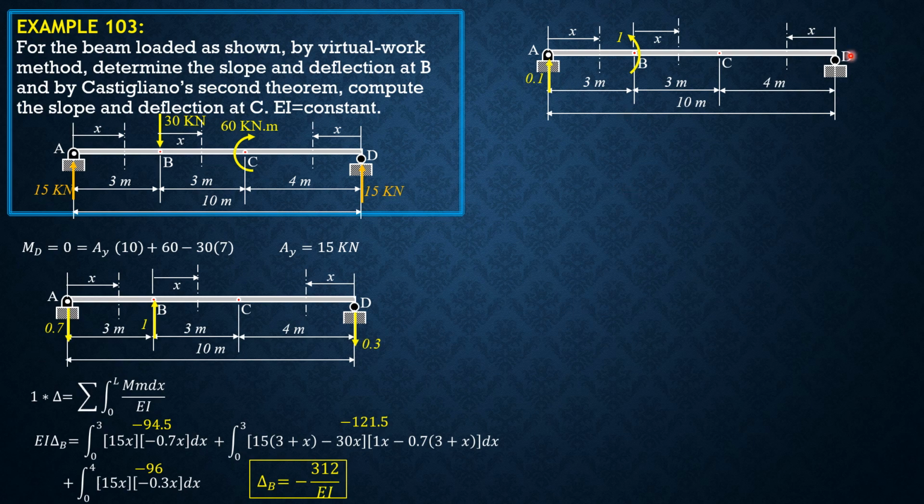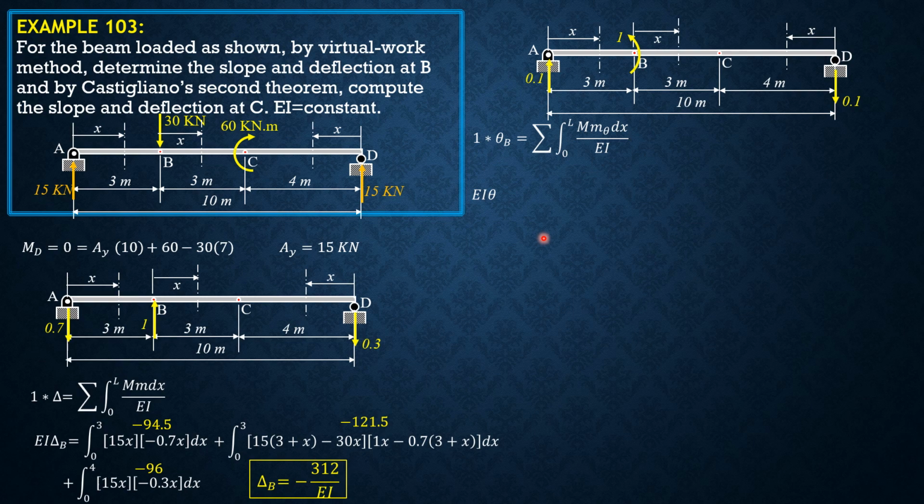Summation of forces in Y, so this is 0.1 downward. Same sectioning. So the formula is 1 times theta is equal to summation integral 0 to L of m sub theta M dx over EI, where m sub theta is the moment at the same section due to these virtual forces.